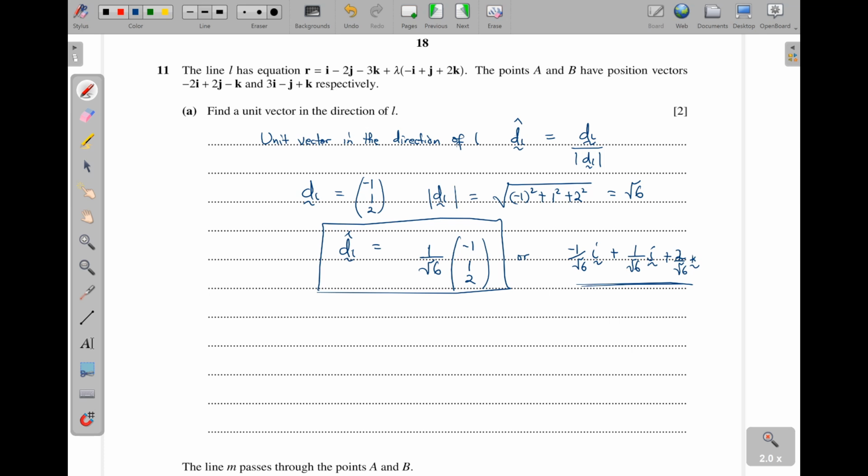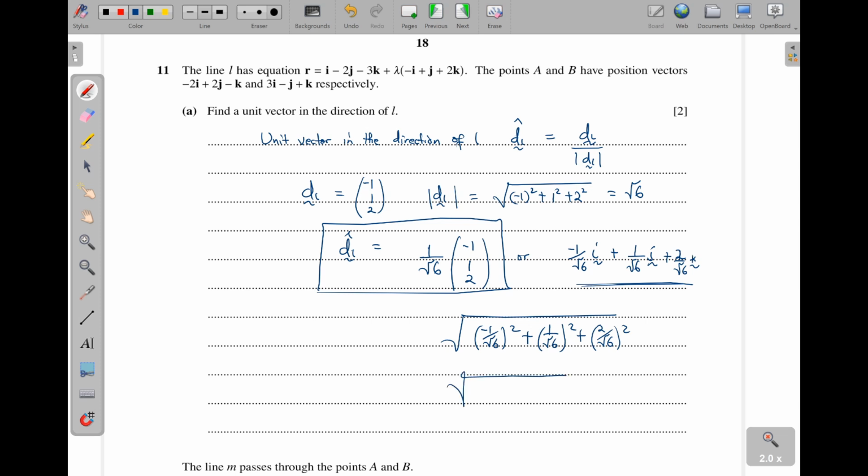So a unit vector, of course, is going to give its modulus as 1. The length is 1. Let's check it out. I can have this one here squared. So (-1 over root of 6) squared, plus (1 over root of 6) squared, plus (2 over root of 6) squared.